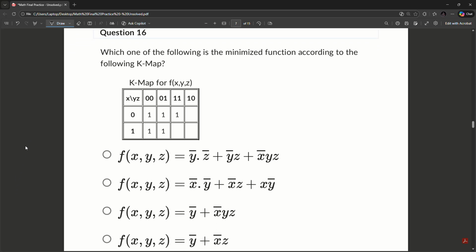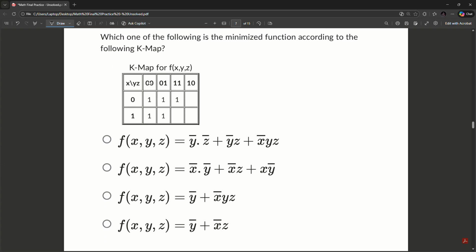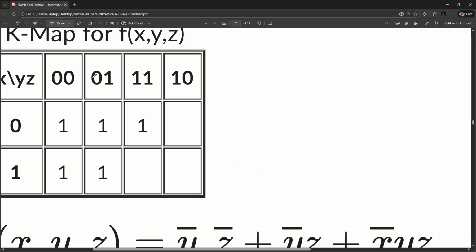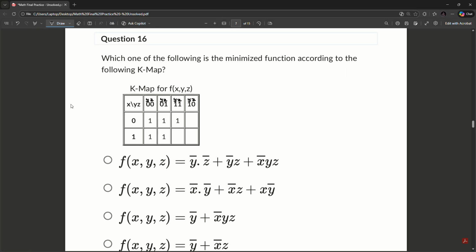Now then, the K-map, which I have briefly explained. I'm going to zoom in. I'm going to write down tiny xy, it's yz, my bad. And of course here is x.